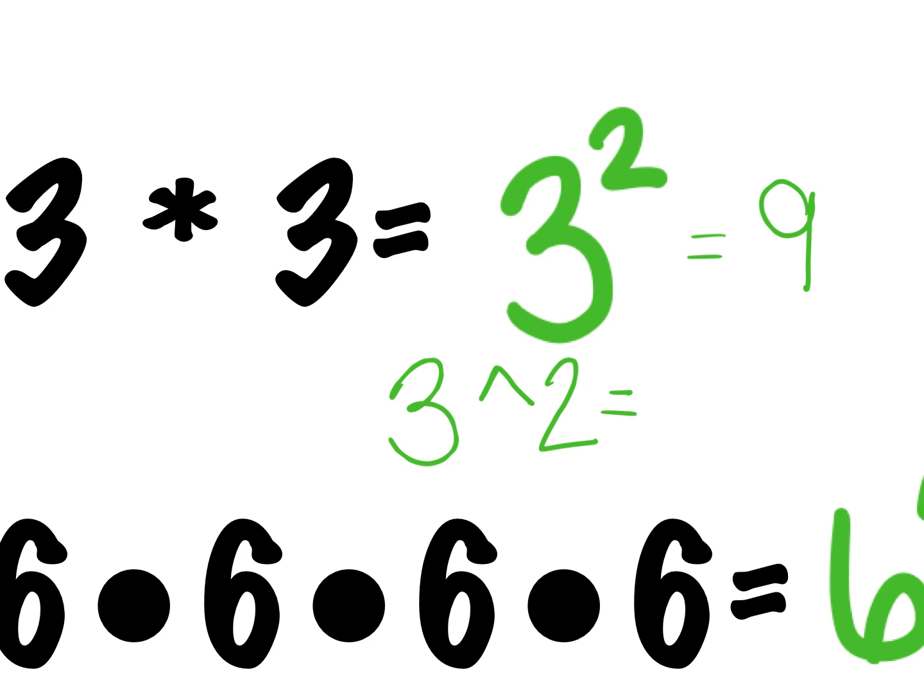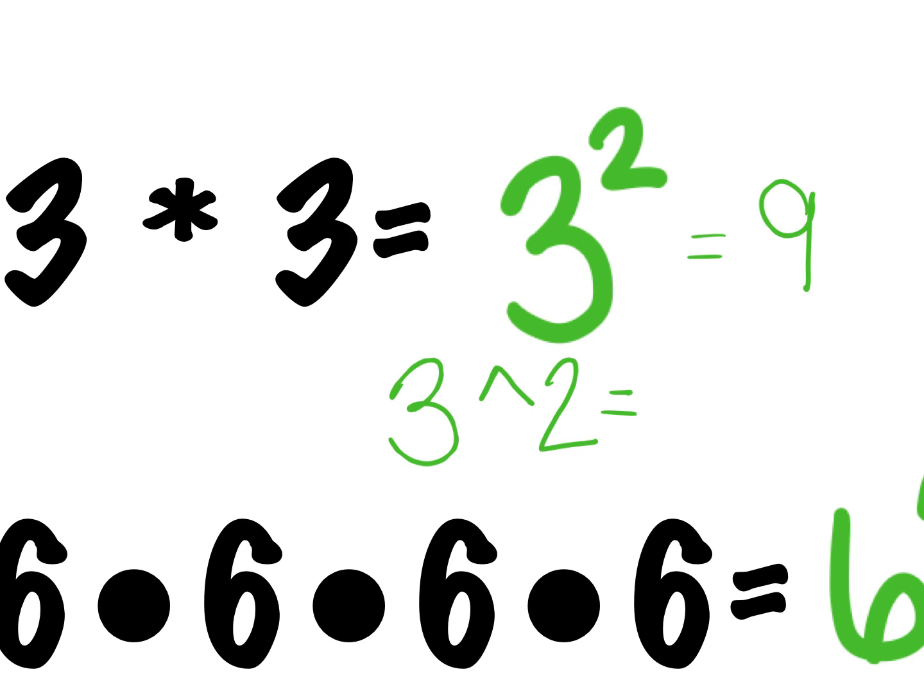Anytime that happens this year, it doesn't matter which calculator you're using, you're going to hit the on and the clear button at the same time. Everyone try that right now. On and clear at the same time. And it should tell you your memory has been cleared. That wipes out any of those funky settings that are happening, and now you can try it again and it should work. Okay? All right, let's try the next one.